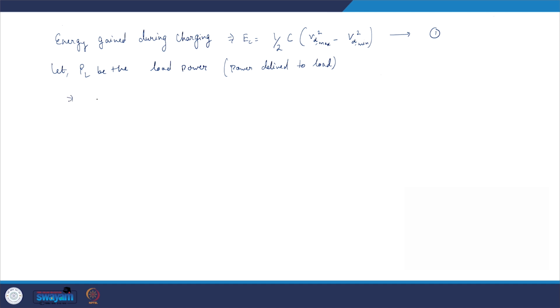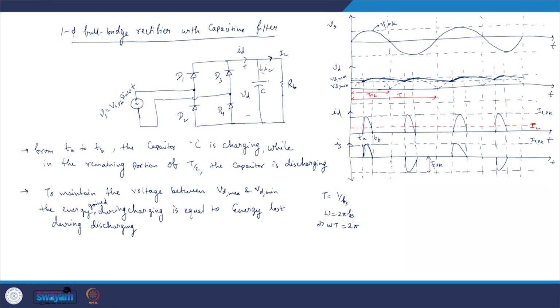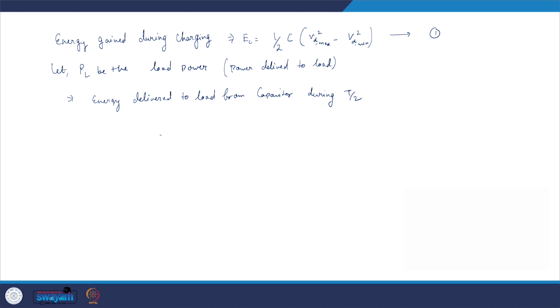So, we can say that the energy delivered to the load from the capacitor, again during the T by 2 period from this point to this point, let us define this as ED, is nothing but PL times T by 2 times an average factor.